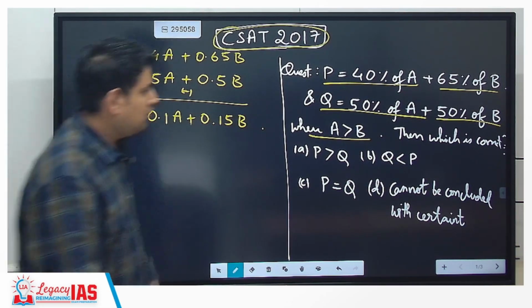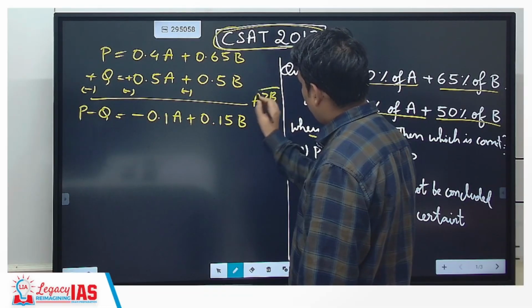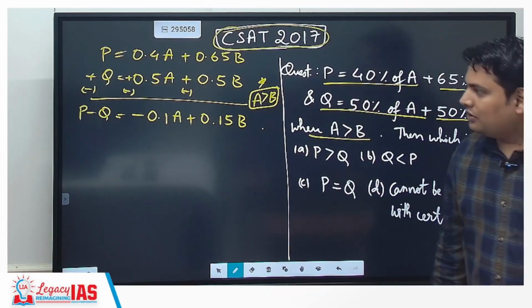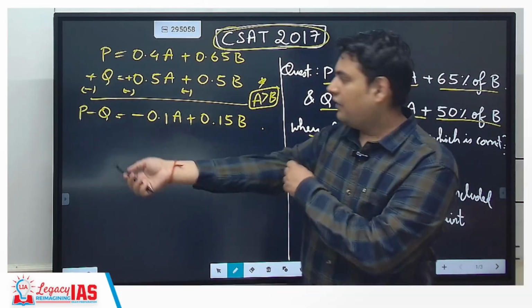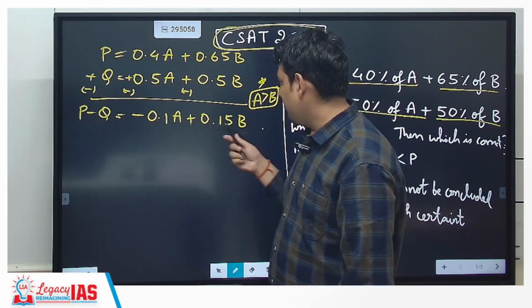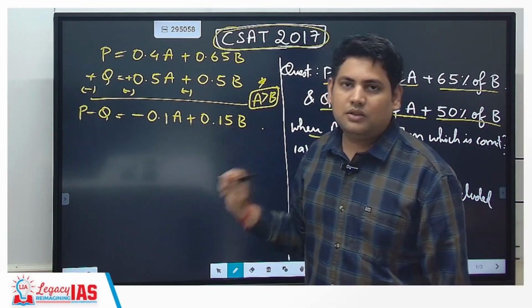Now this is what you get. What is also given in the question is A is greater than B. Now if you can find the sign of minus 0.1A plus 0.15B, then you can get to the answer.